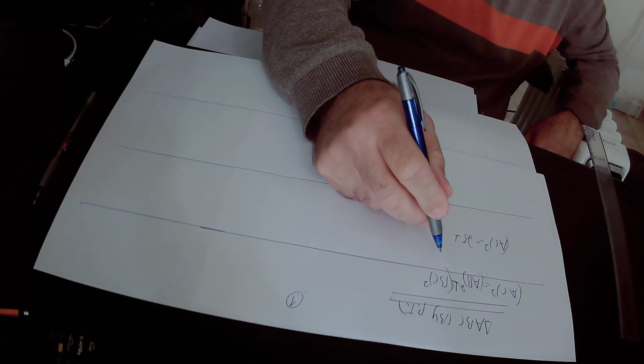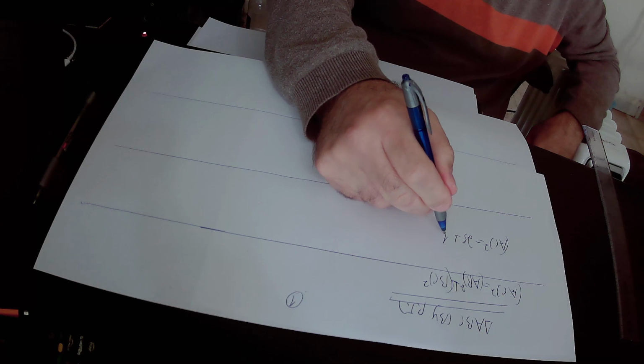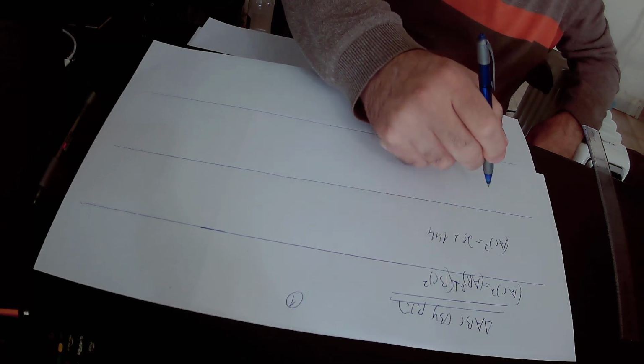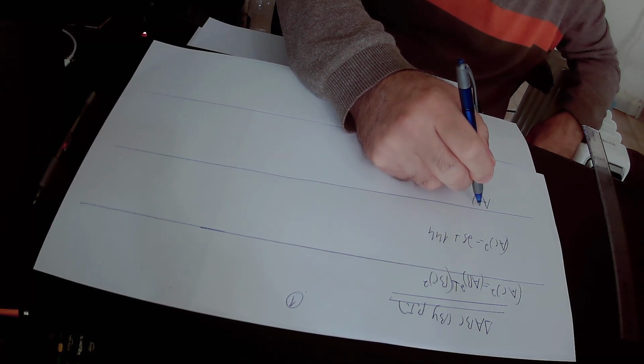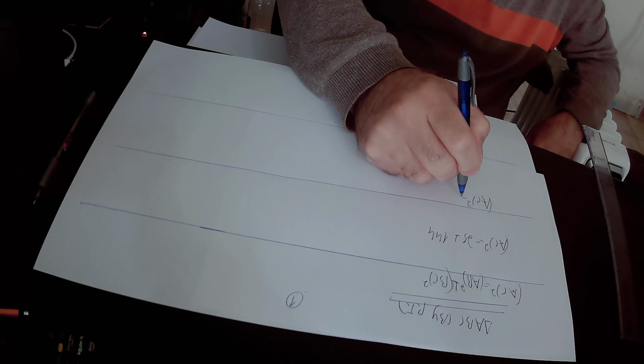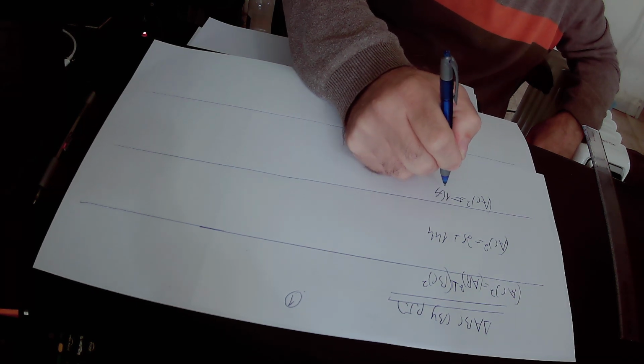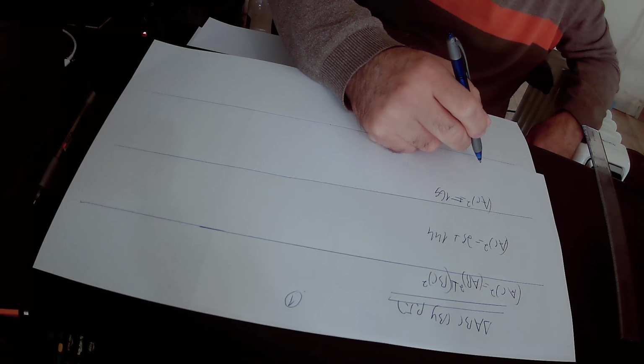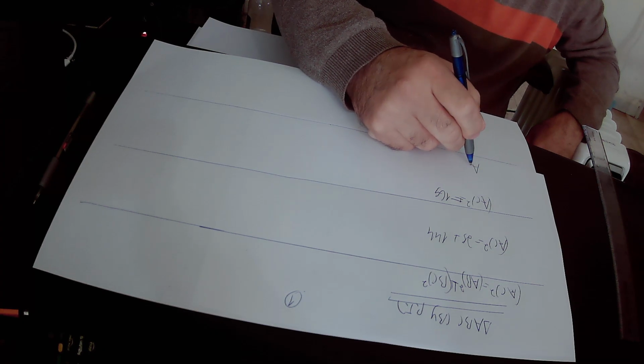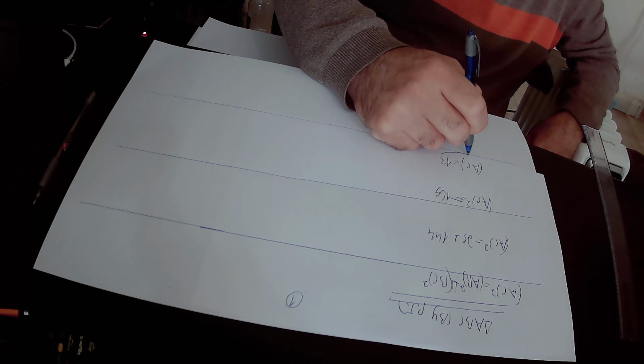BC is 12, therefore BC square is 12 squared, that is 144. So AC square in total equals 25 plus 144, which is 169. You take the square root, and you get that AC equals the square root of 169, that is 13.